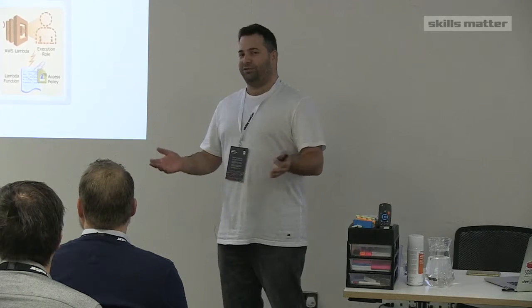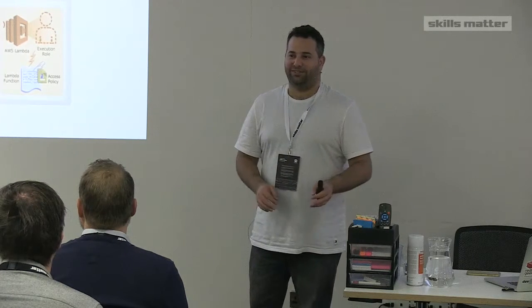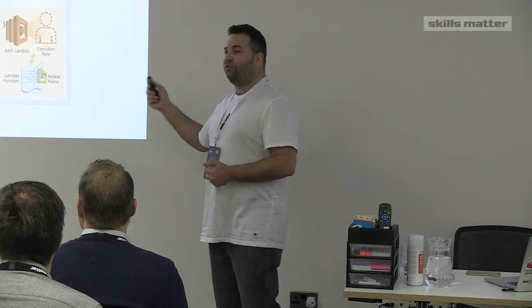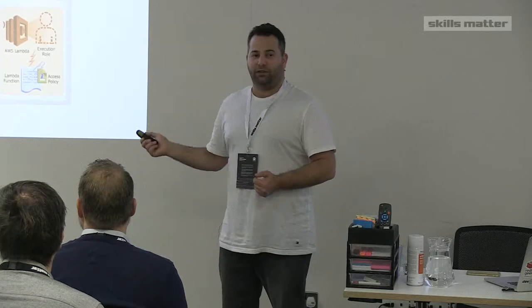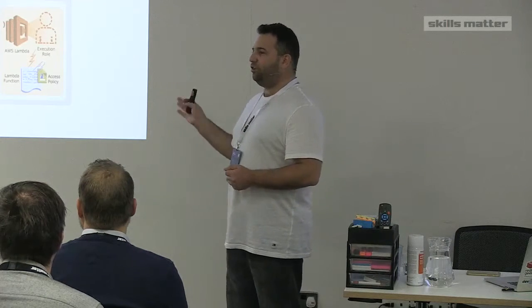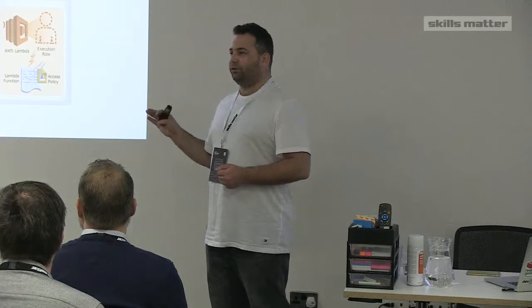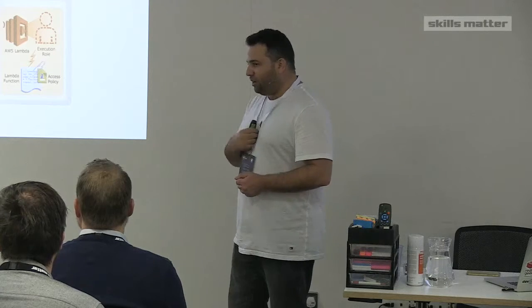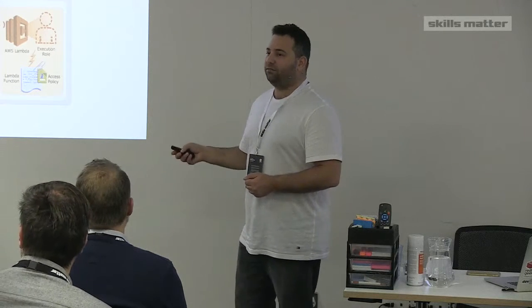Usually the way we do it, we just give it root and we forget about it. So here we have the constraint that we have to define the policy for Lambda, the policy that it needs to follow. And if it doesn't, it just won't work. We will get errors, which is, in my opinion, a very big plus of using Amazon.